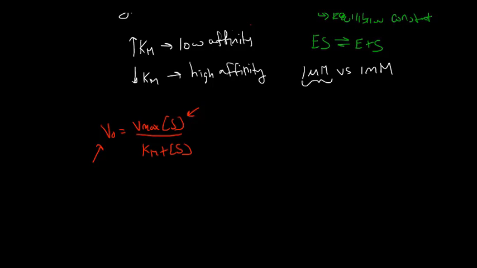Vmax is the maximal rate, which occurs when 100% of the enzyme is present in the form of the enzyme-substrate complex. And Km is the Michaelis constant, and it describes the affinity between the enzyme and the substrate. In the next video, we're going to explore this equation graphically, and we're going to see that we can make some very logical predictions about how the enzyme is behaving as we start changing these variables.